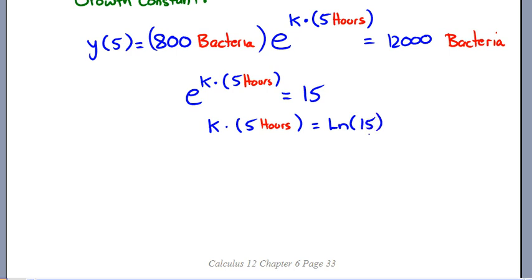Okay, I think I'm there. This k, I can give it to you in exact form, and then I'll give it to you as a decimal. In exact form, it's the ln of 15 divided by 5 hours.